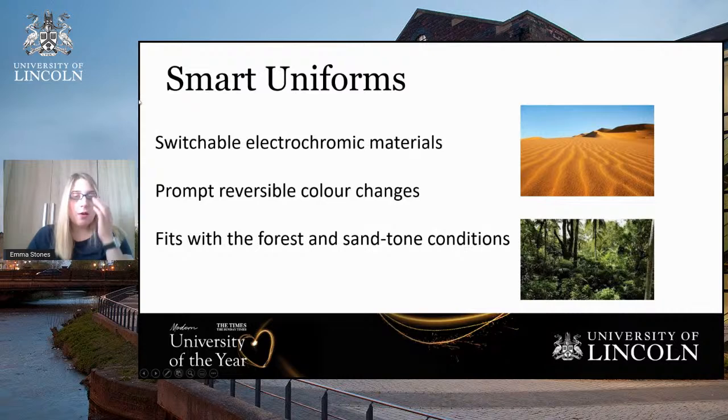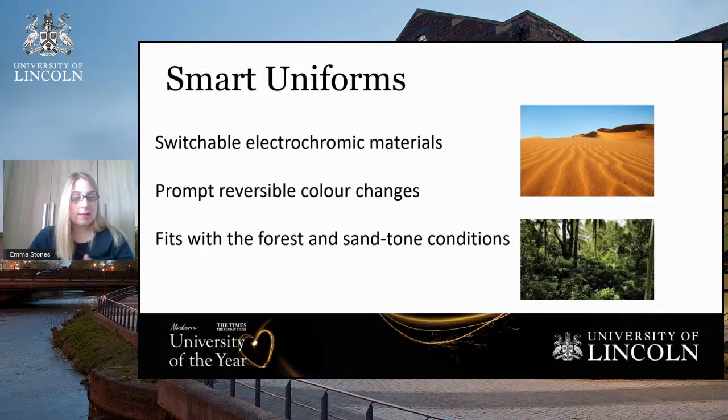So the types of materials that have been studied are known as switchable electrochromic materials. So basically, using an applied voltage, they can switch between different colours. So it's a prompt colour change. Obviously, it needs to be quick. It's also reversible. So researchers have found an electrochromic material that is able to shift between the vegetation green colours and also the sand tone conditions.